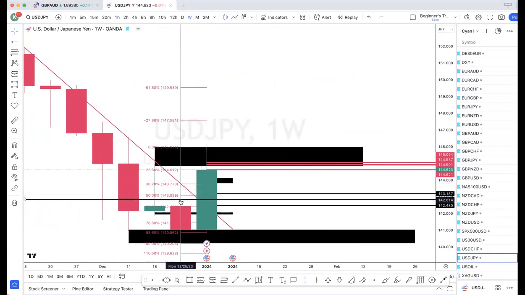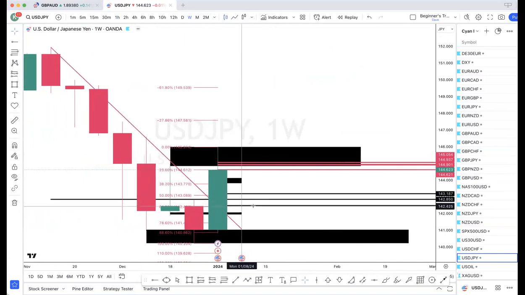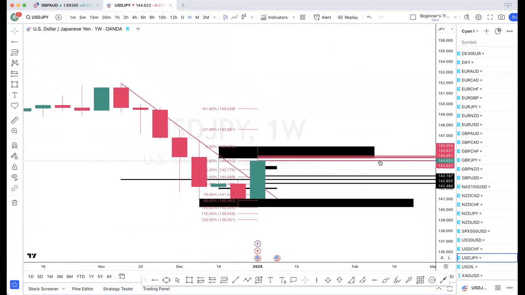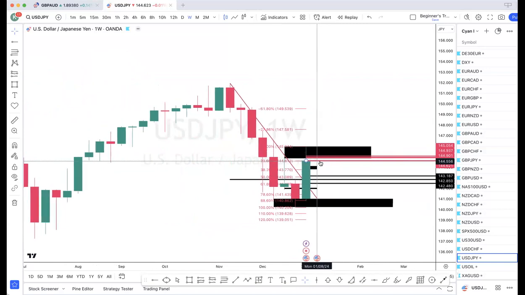Between the 50% and 618 is the top of the order block. The 78 will be down here. So price is going to pull back to one of these zones, one of these levels, to then push up to the -27.